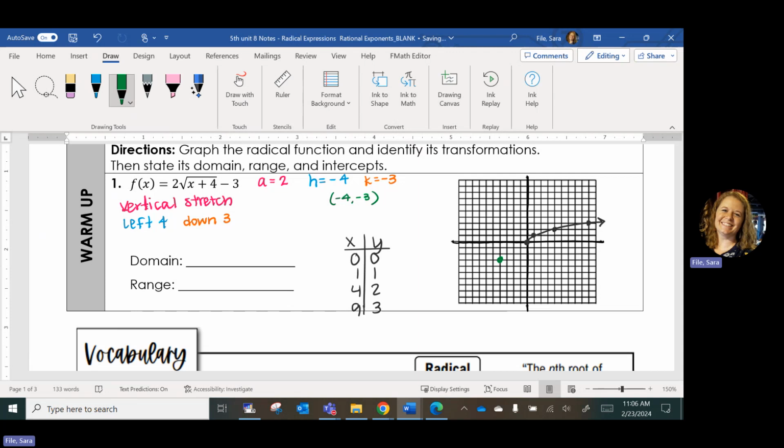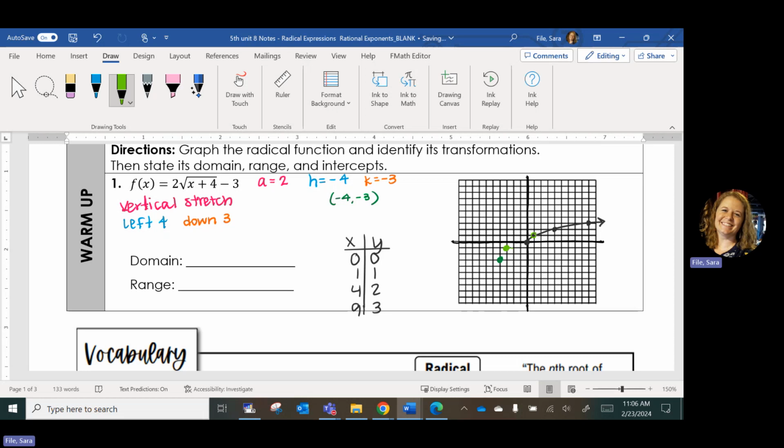So with the following points, when I go to move them, so for instance, this second point here, if I go to move it, let me just see if I can color code this for you. So if I go to move this point, I'm going to go left 4, down 3, but then I need to vertically stretch. So instead of being here, see it's up 1 unit from the vertex, I need to stretch that by 2. So I need to be up 2 units from the vertex. So it needs to be here.